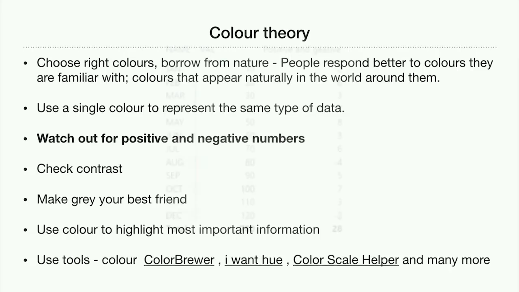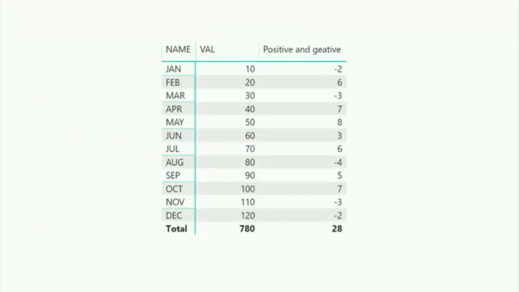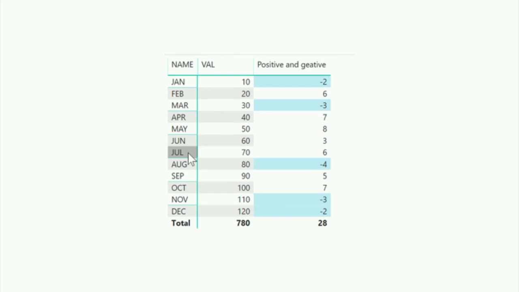And watch out for positive and negative numbers. For example, I have this visual that we always use, but what we have here is the positive and the negative number. So always maybe highlight it. You don't have to use the background color to highlight it, maybe just use a different font color, and watch out what you're highlighting.